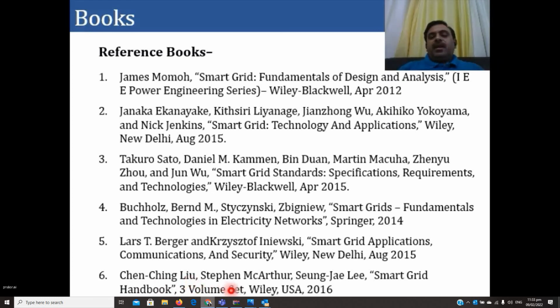In this handbook, you will see a lot of case studies related to smart grid deployment across the globe.